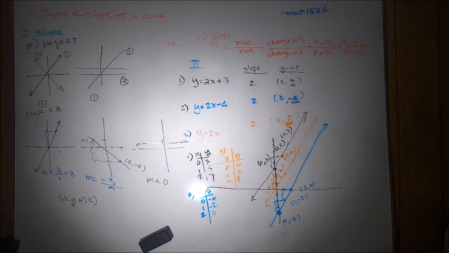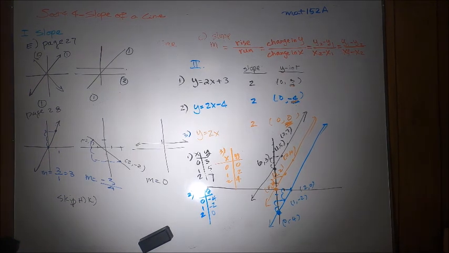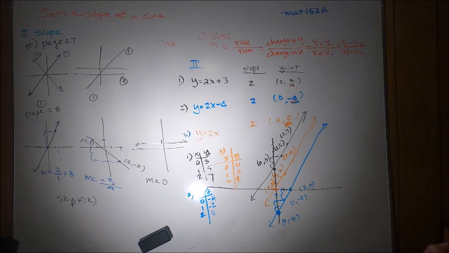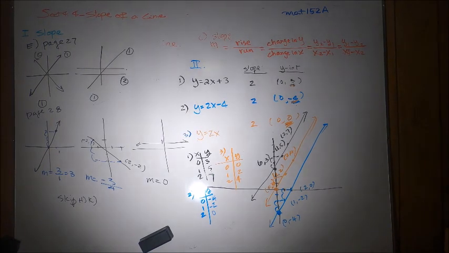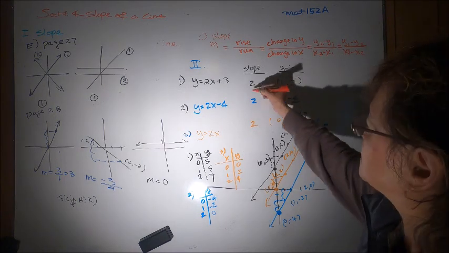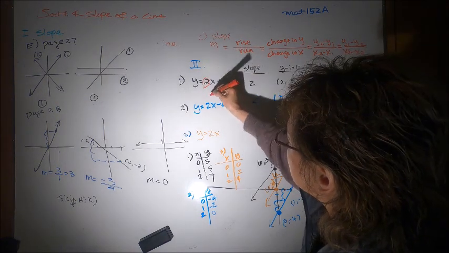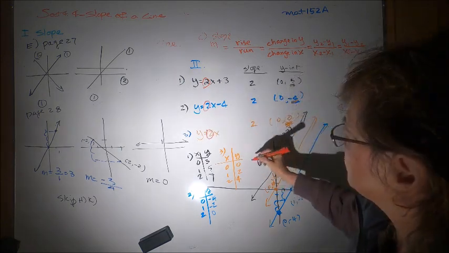So let's try to organize the patterns. We are doing pattern recognition right now to see what similarities and what differences they have. So the slope is 2. Take a look, are those all 2?